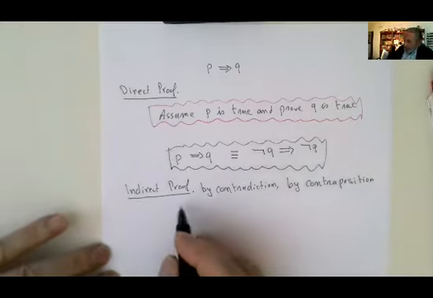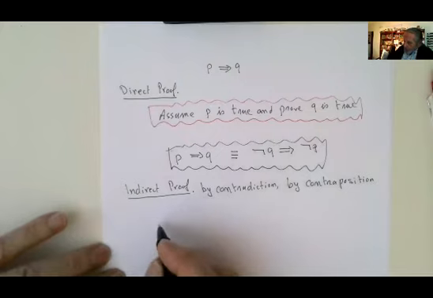So what you do here, you want to prove Q is true, you assume Q is false.